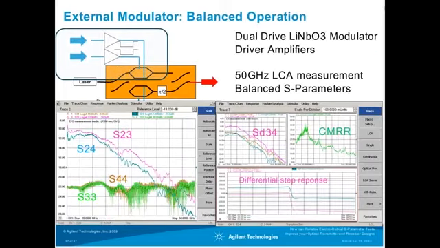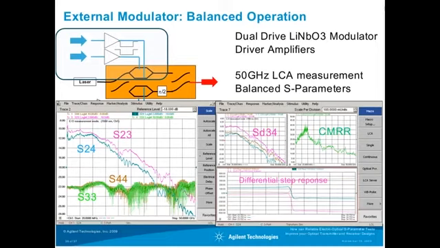This last example that I show is a very early measurement of a combination of a lithium niobate modulator, which is actually a QPSK modulator, and in this example, it's driven by two driver amplifiers.